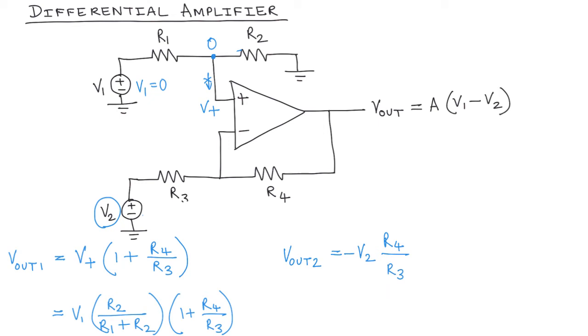Now if you combine these two equations, V out 1 and V out 2, you get the combined output of the differential amplifier. And what is the combined output going to be? So let's write it here.